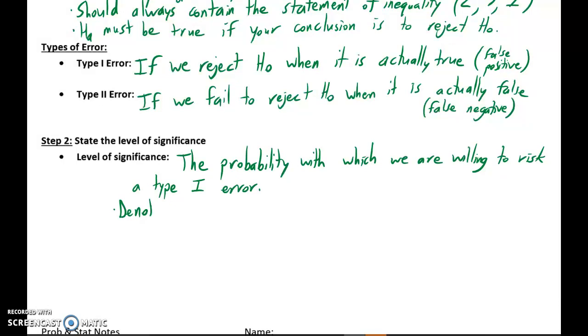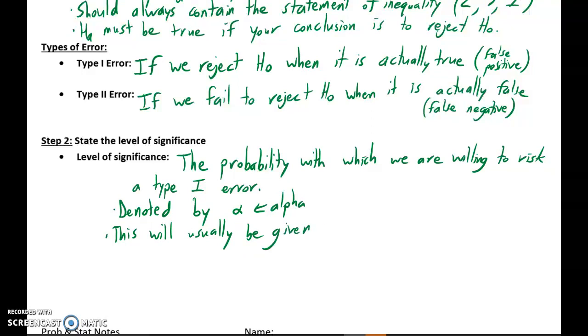It is denoted by this little fish-looking symbol. This is the Greek letter alpha. And for this class, this may not always be true, but alpha will usually be given in the problem.